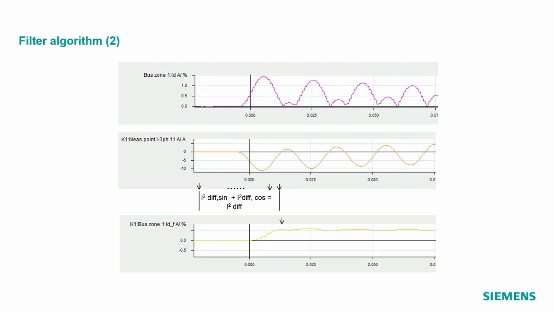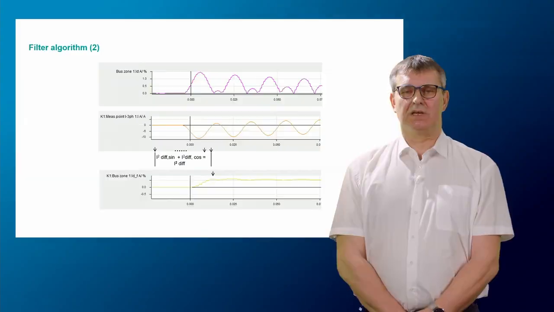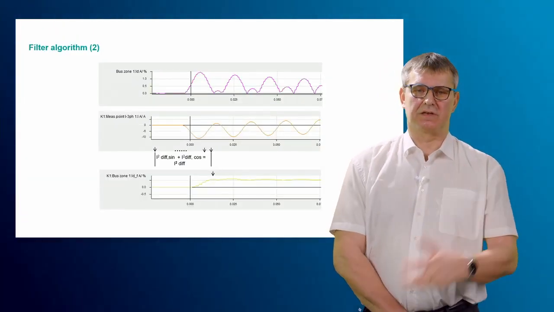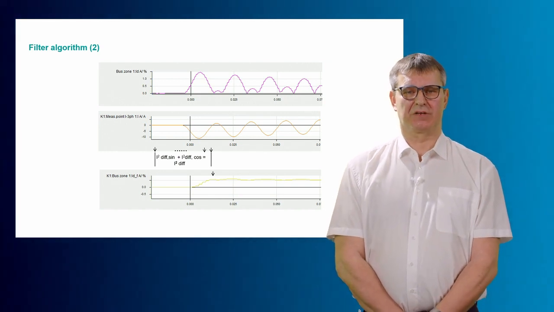You see the differential current, which is the characteristic at the top. You see a very big differential current when the sinusoidal is completely in the negative direction, and a very small differential current for the other half wave. Once again you will have the problem: you will only be above the minimum differential current threshold for one direction of the sinusoidal wave.